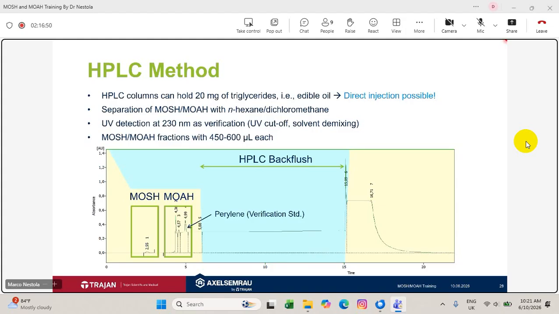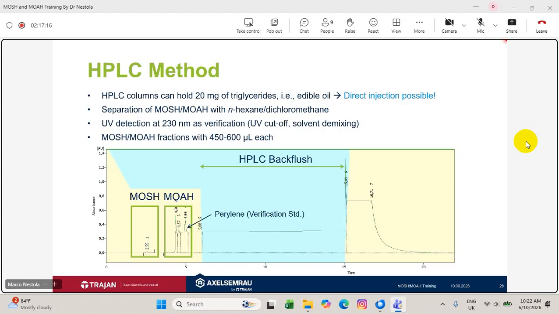The idea is, when we have matrix compounds, it's very likely that they are still on the top of the column. So it's easier to reverse the flow rate to remove them and not to try to force them all the way through the column. After the 15 minutes, the flow is again reversed and we are re-equilibrating to the same conditions as at the beginning.